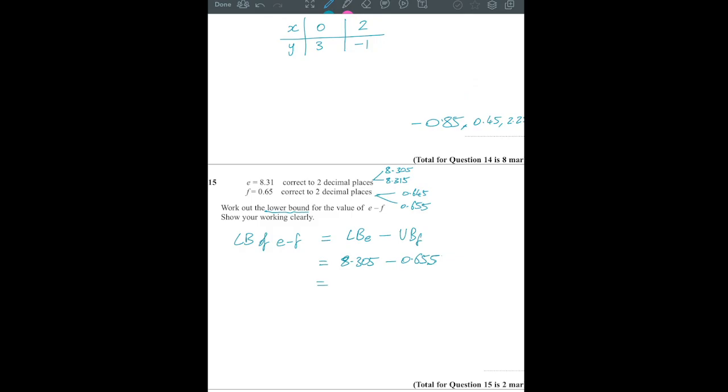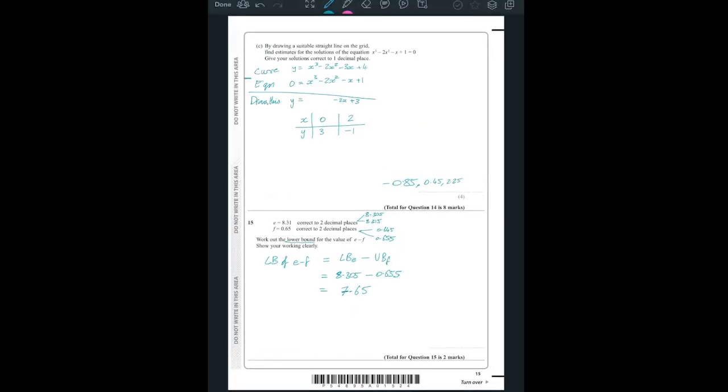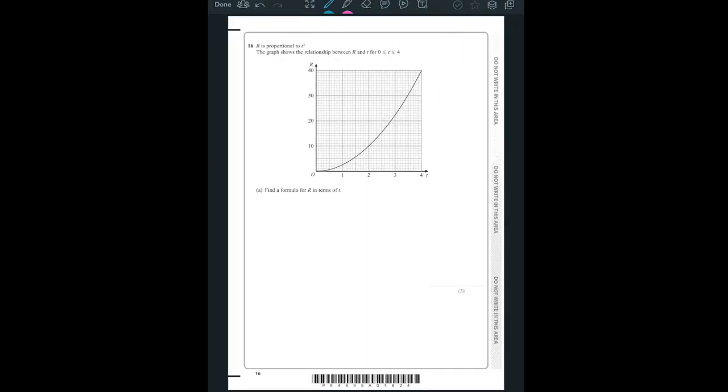And calculator says 7.65. And if you did just subtract those two to start with before doing the bounds, you would be getting 7.66, quite a tiny bit bigger. So this being our lower bound is smaller.